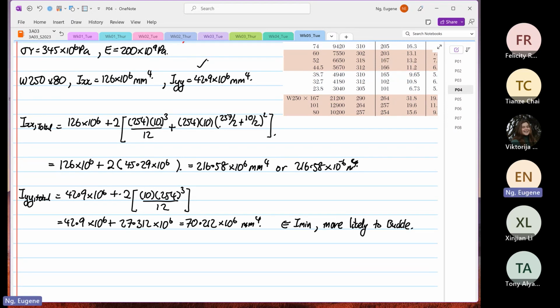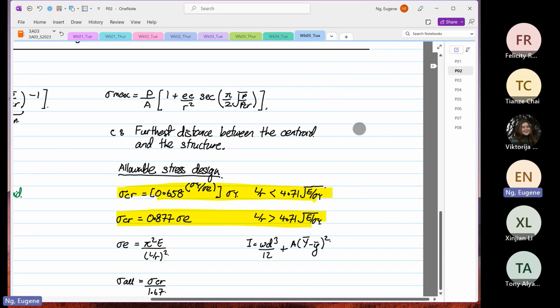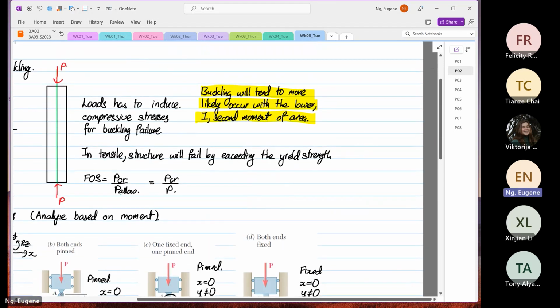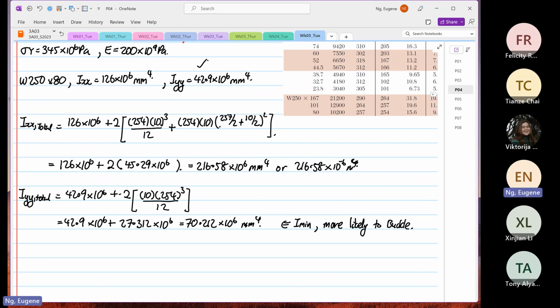And it's already in our help sheet, right? We put down here, buckling will tend to more likely occur with the lower I value. Okay, we got this over there. So we are going to use that value over here.